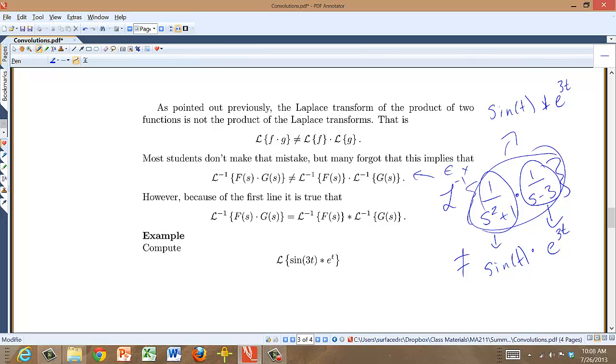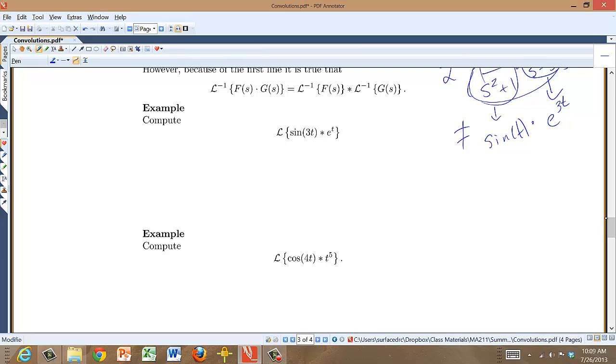It's usually more work to compute the convolution, so that's why we don't go to that right off the bat. As you saw above, these convolutions are a pain to compute. But you are correct, and I'd have to give you some partial credit if you said that it's sine t convolved with e to the 3t.